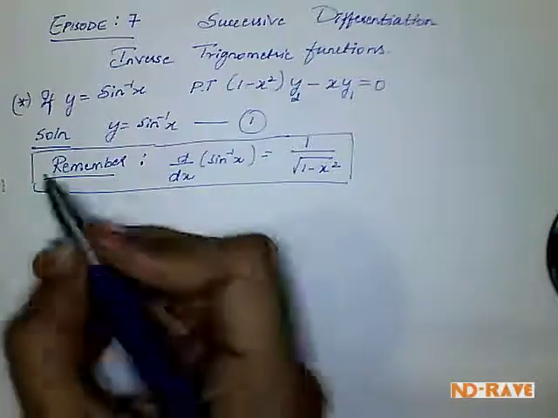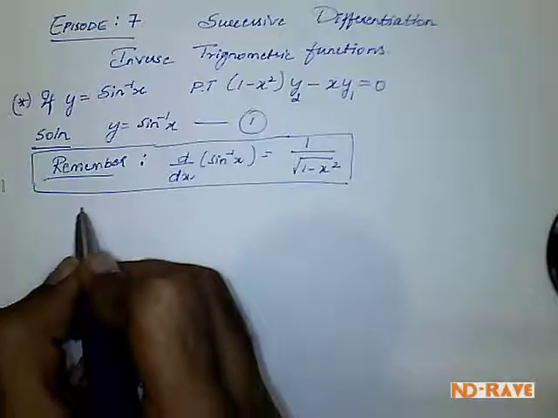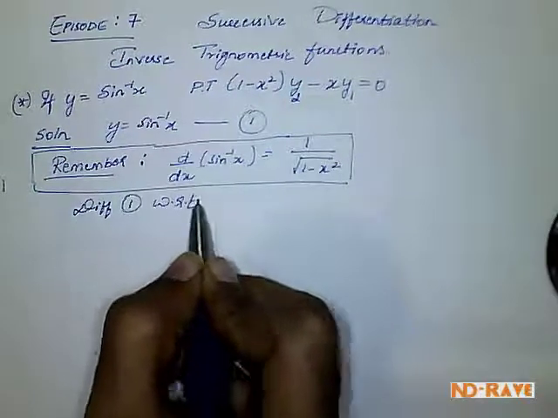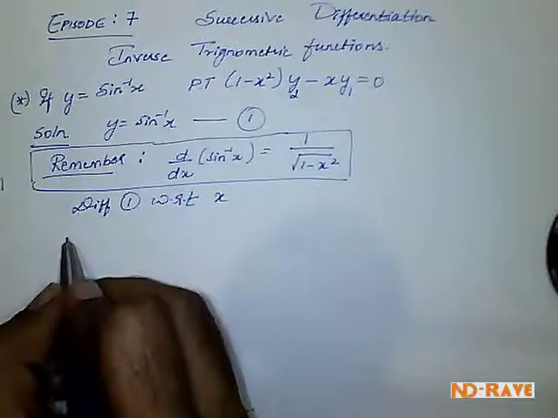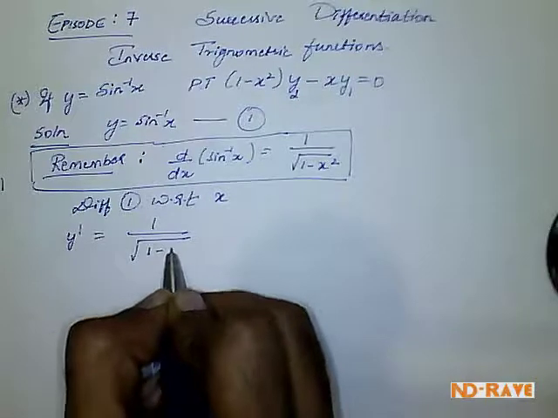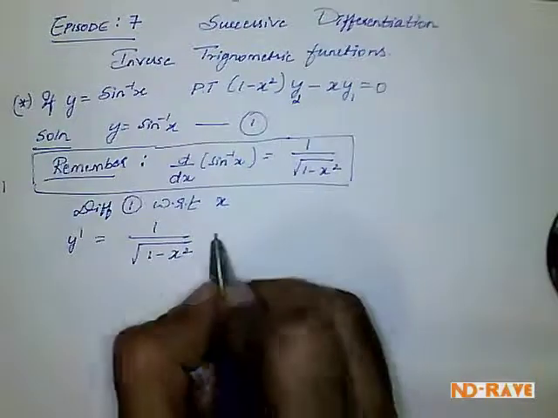So let's proceed with solving this problem. So y is equal to sine inverse of x. So differentiate 1 with respect to x. So you get the first differential, that is y dash, to be 1 divided by root of 1 minus x squared.